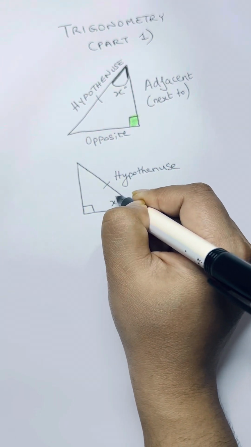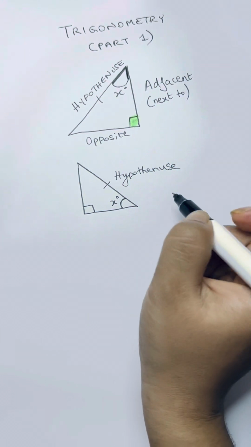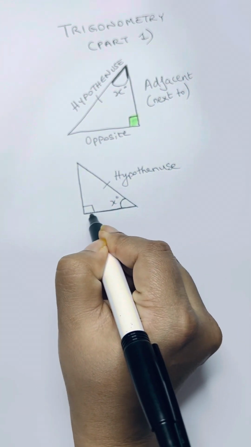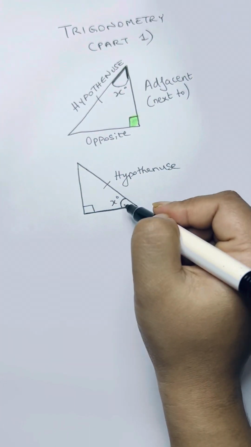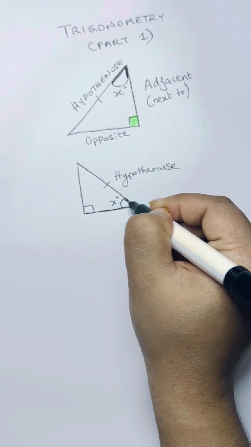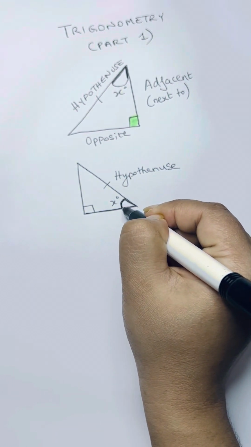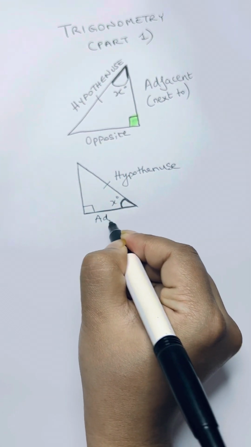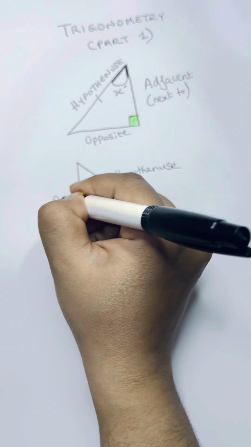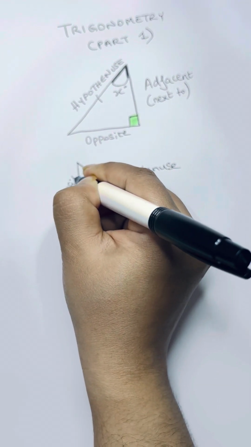So this is the angle that we need to find. That means that our adjacent must be on this side, because the adjacent, as I said, is the side that is next to the hypotenuse and the angle that we need to find. So this is our adjacent, and therefore this is our opposite.